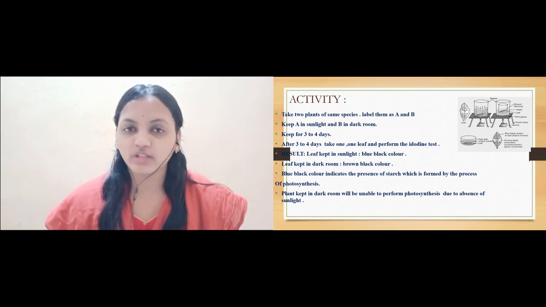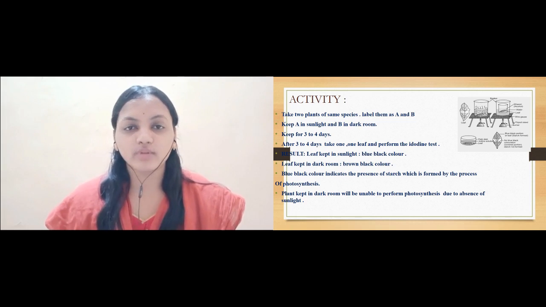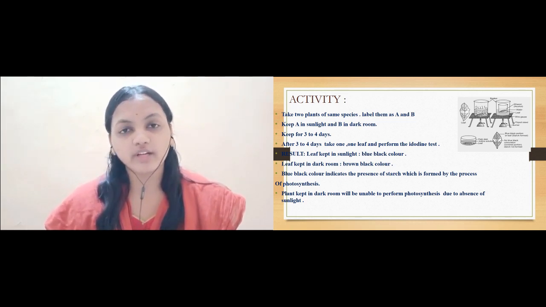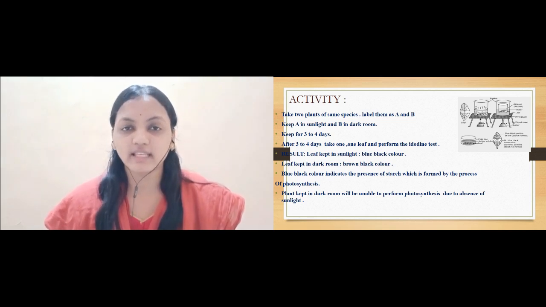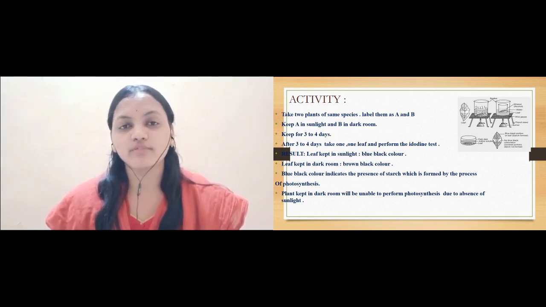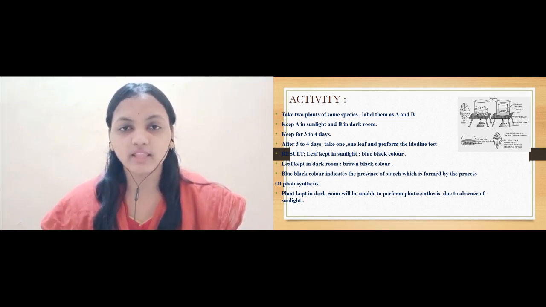solution on this leaf. But before adding the iodine solution, you have to carry out the whole process. That is, you have to keep it in the water bath. This activity you have already learned in standard 6. The same activity you have to perform here, that is, keeping it in a water bath.